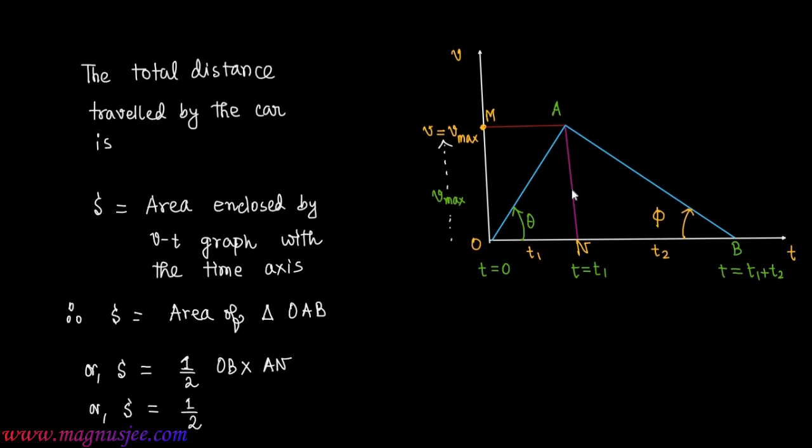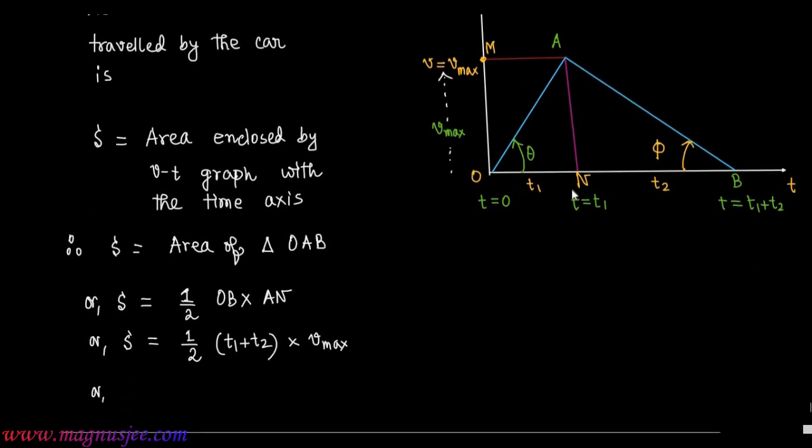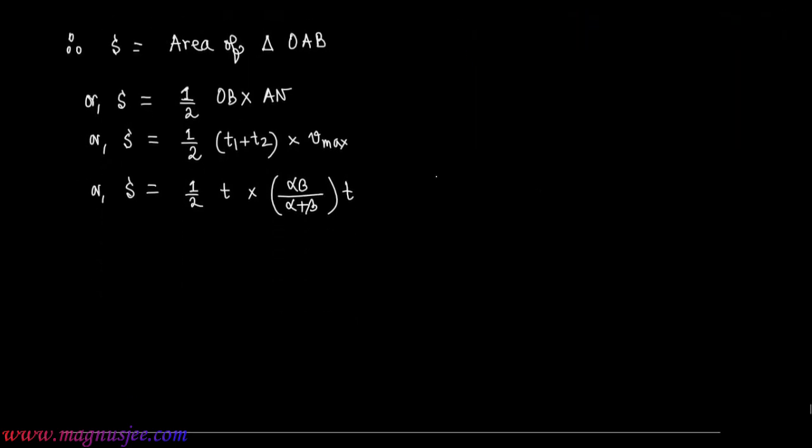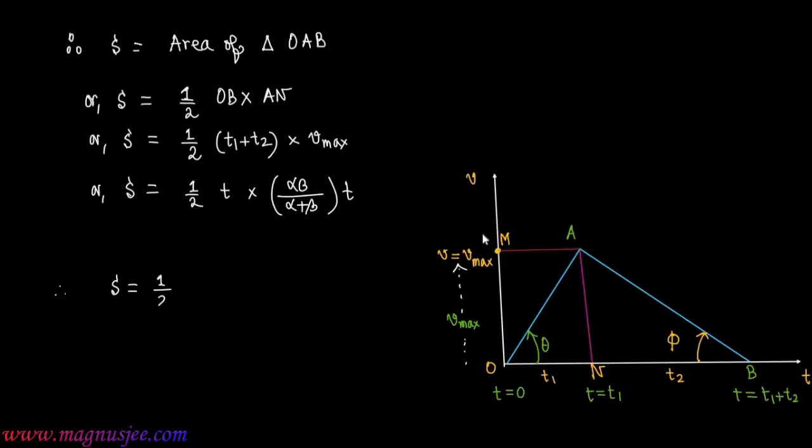In place of OB we can write the total time interval, that is t1 plus t2, and AN is the maximum velocity Vmax. Or S is equal to 1 by 2 t Vmax, and in place of Vmax we can write alpha beta divided by alpha plus beta into t. Finally, we get S as equal to 1 by 2 alpha beta divided by alpha plus beta into t square.